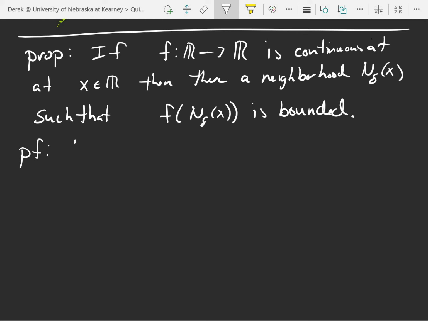Okay, we're going to use continuity, so let epsilon be bigger than 0.